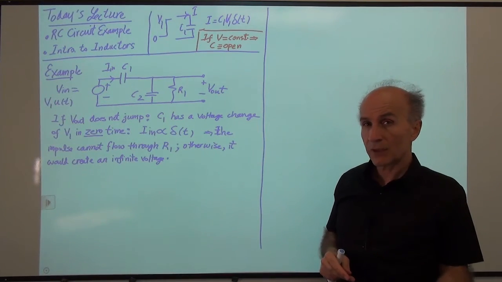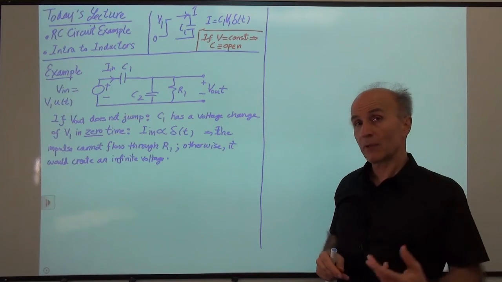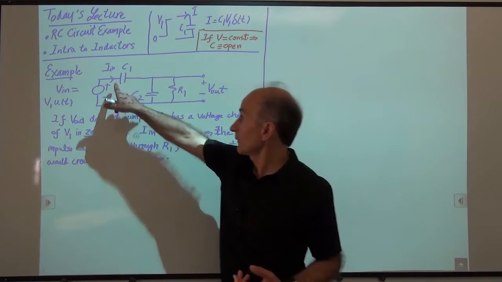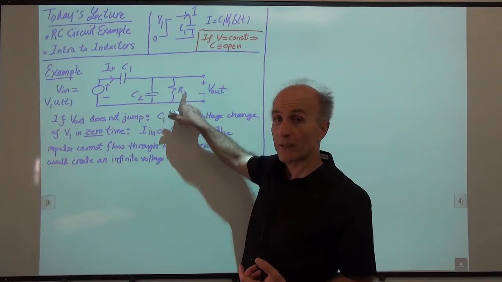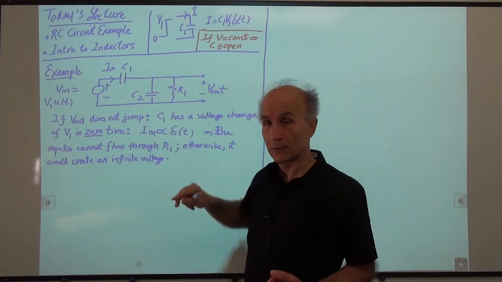Okay, so then the question is, where does that impulse go? You have an impulsive current coming in. It cannot go this way. It has to go through C2.